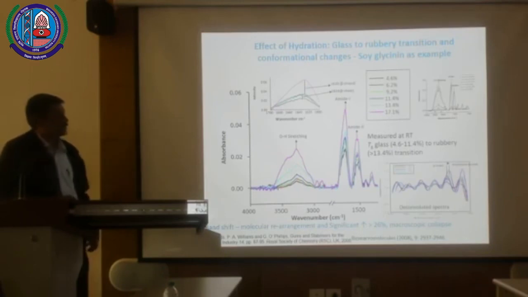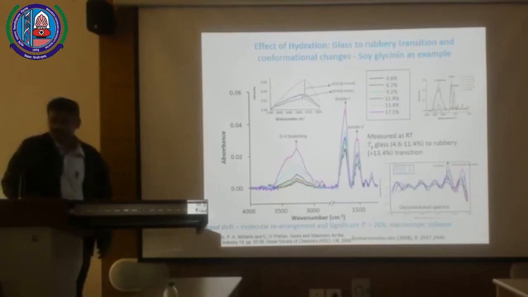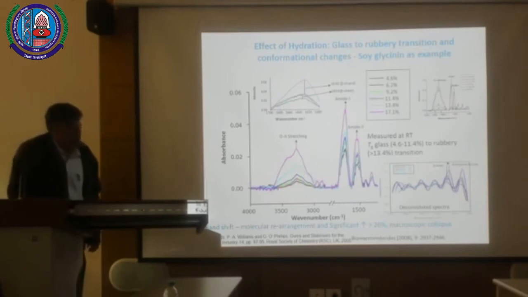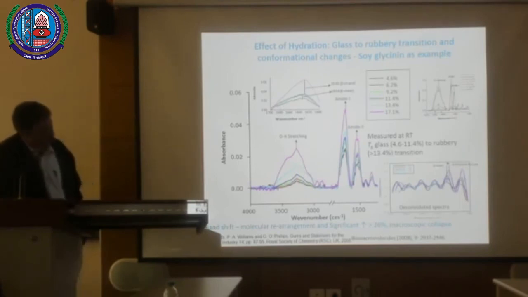Coming to what's happening here, if you look at the inset of the recombinant spectrum, I was talking about this peak, the 1600 peak here. Let's call it the 1634 peak.